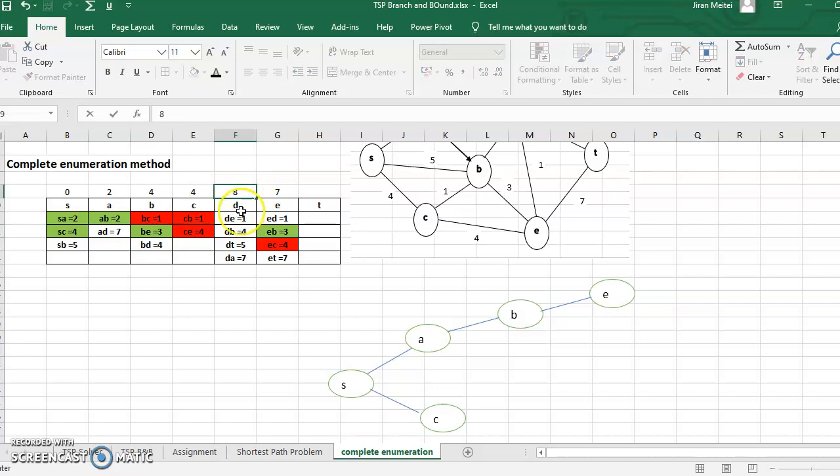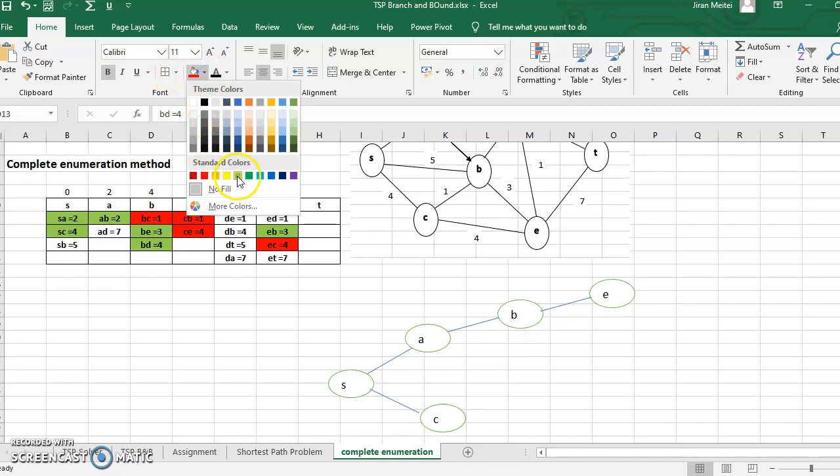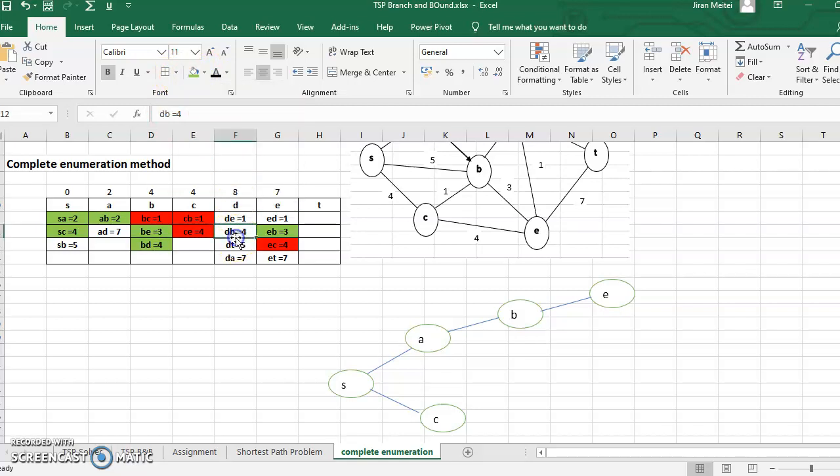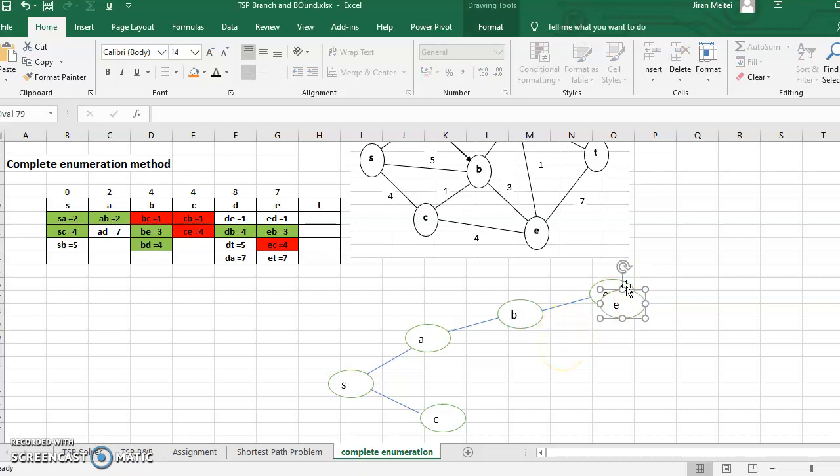Okay, you can go from B to D, 8, and DB also will be colored. B to D is 8. Yeah, this 8 is not measured from B, this 8 is measured from S.